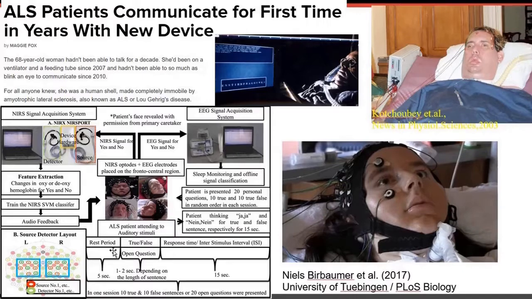They can't move any muscles, they can't speak, and at a late stage, unfortunately, they can't even move their eyeballs. However, their brain is healthy and intact, and they can hear their surroundings, but they can never speak it out or provide any kind of output for communication.